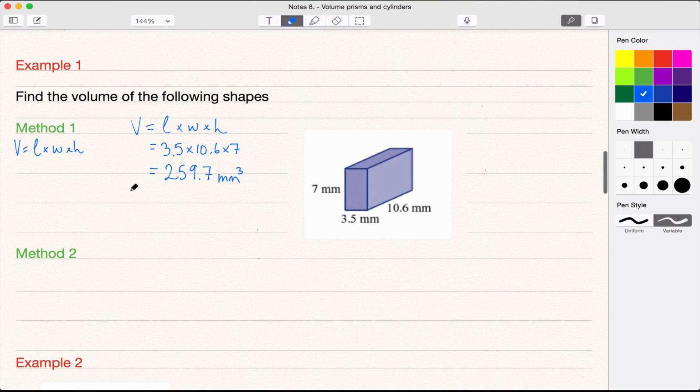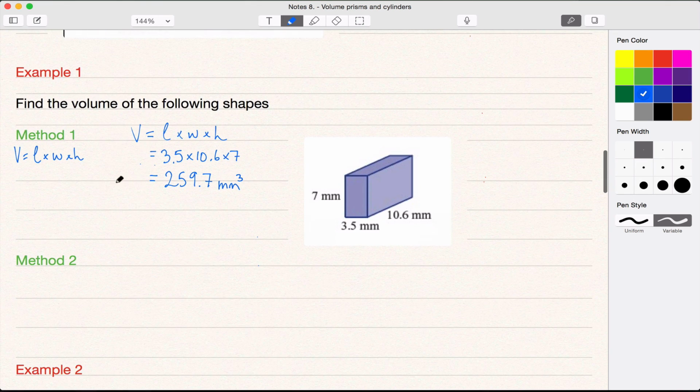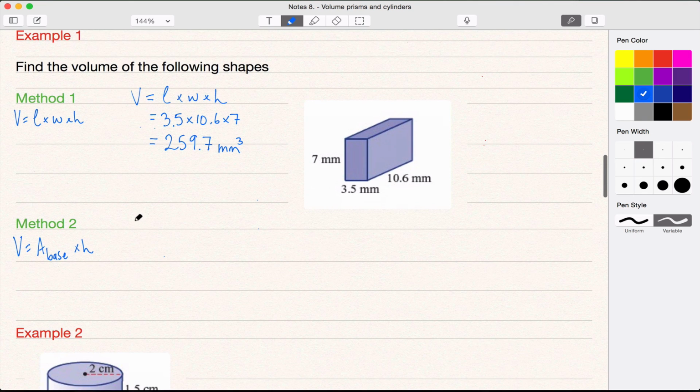Method 2 is using our new formula, which I'll jot down here. Volume equals area of base times height. So again, first step is to write out the formula that you're choosing to use. Second step, substitute the values in. So we need to make this a tall prism, so this will become the base.